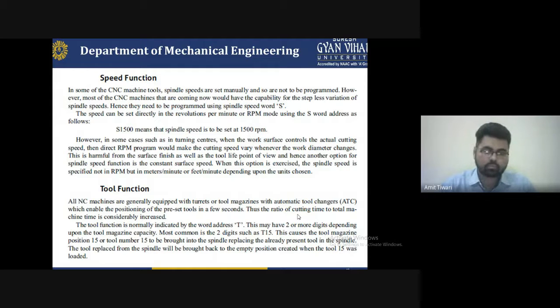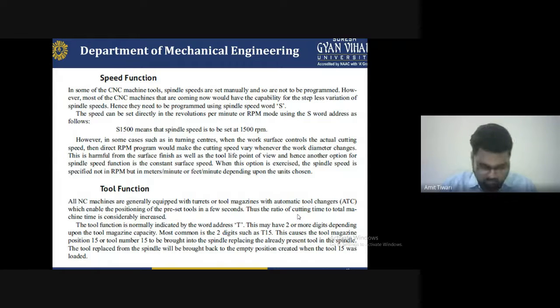Thus the ratio of cutting time to the total machine time is considerably increased. If you want to change the tool, you just index the tool in the turret, and the maximum capacity can be used at a high rate.